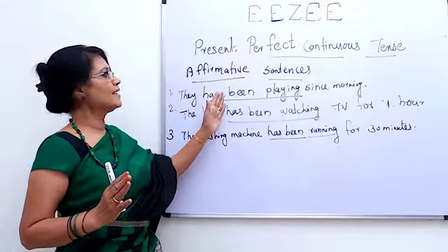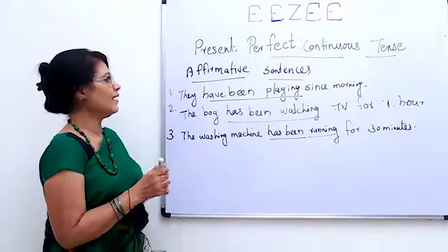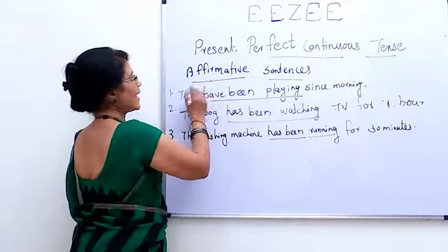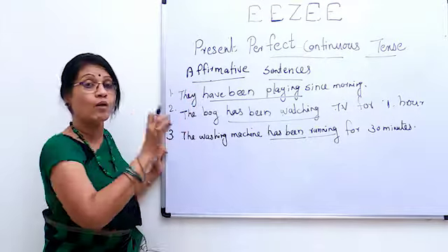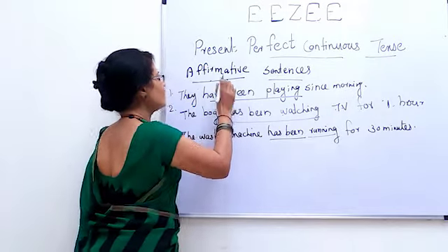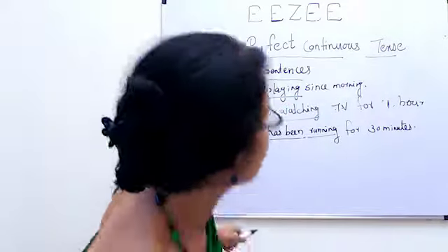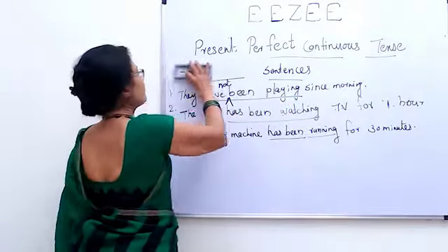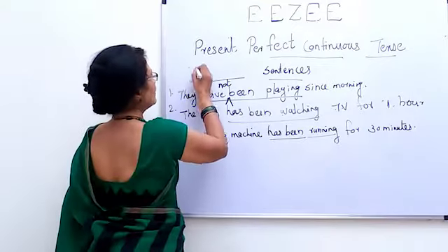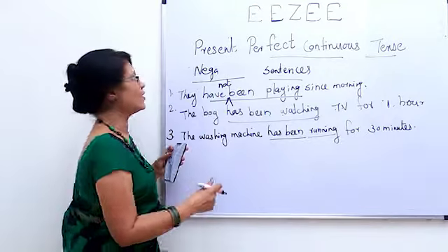Now, for making these sentences negative, what will we do? Here, have been. For changing it to negative, they have not been. We have to add not here. They have not been playing since morning. I am going to make these affirmative sentences into negative sentences.